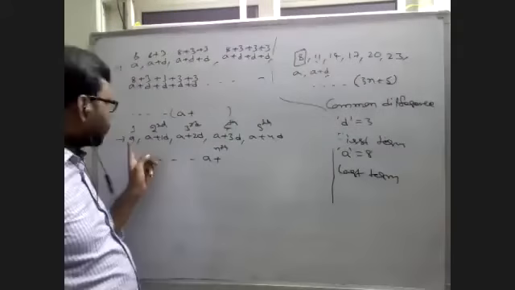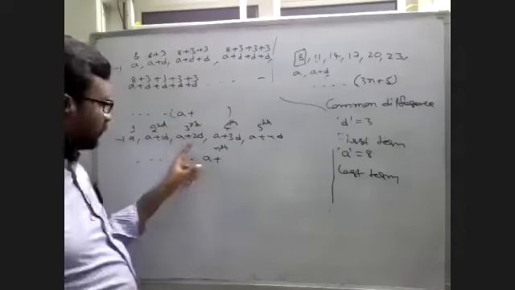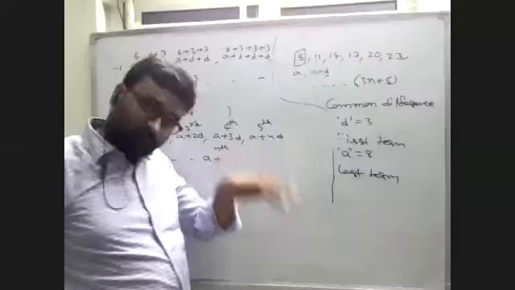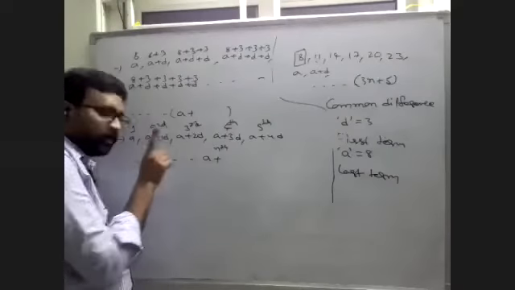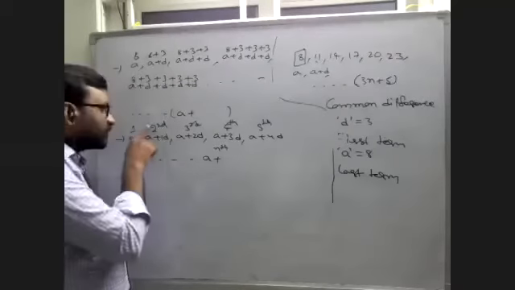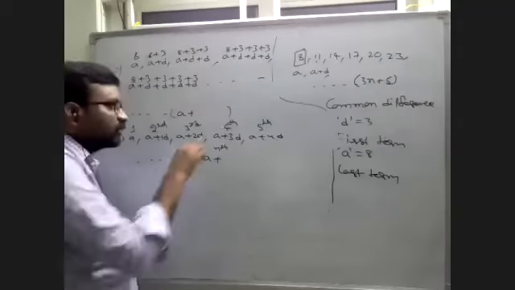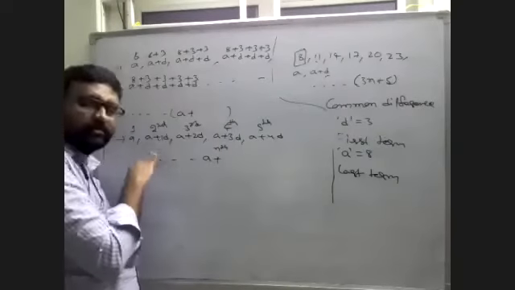So for the first term there is 0D, second term 1D, third term 2D, fourth term 3D, fifth term 4D. Are you observing that? The number of D is decreasing by 1 from the term number. For sixth, 5D.